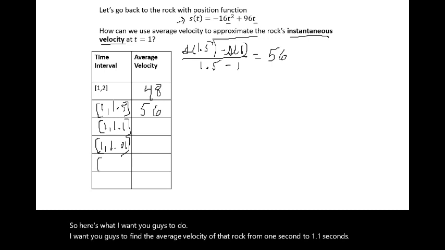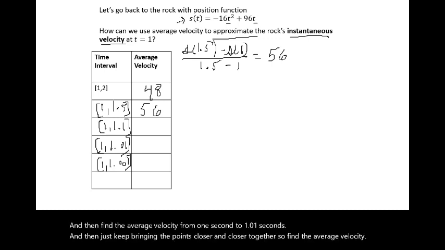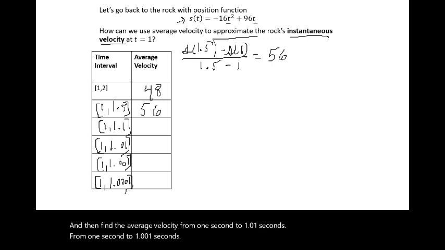And then just keep bringing the points closer and closer together. So find the average velocity from 1 second to 1.001 seconds, and then 1 second to 1.0001 seconds. So pause the video and take a few moments to evaluate these 4 average velocities and see what happens.